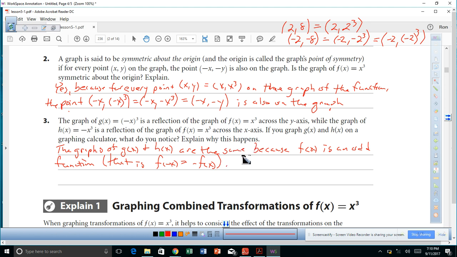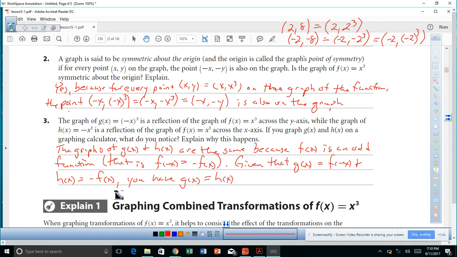Given that g of x equals f of negative x and h of x equals negative f of x, you have g of x equals h of x.